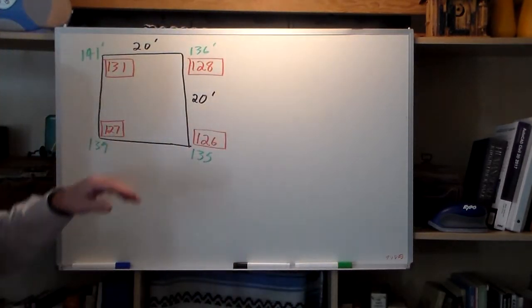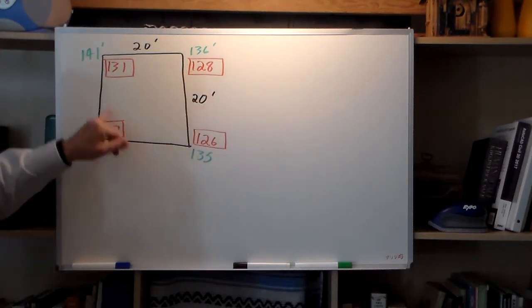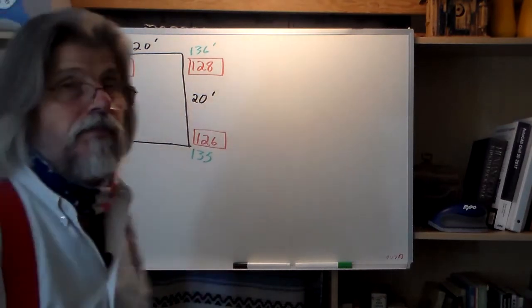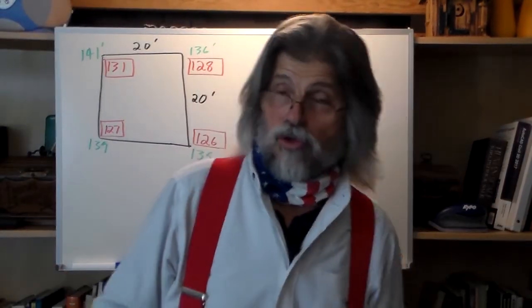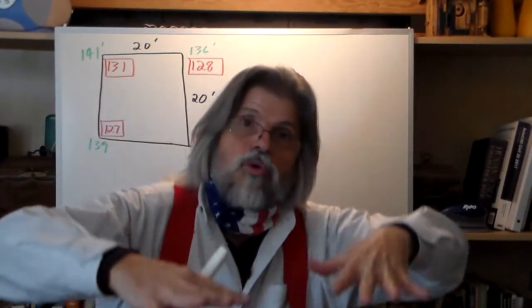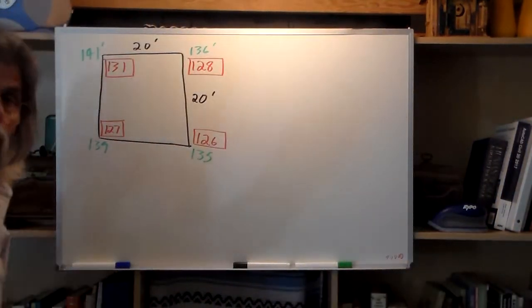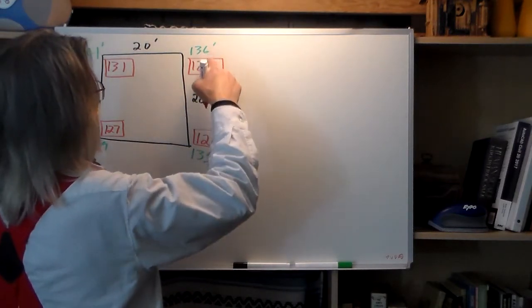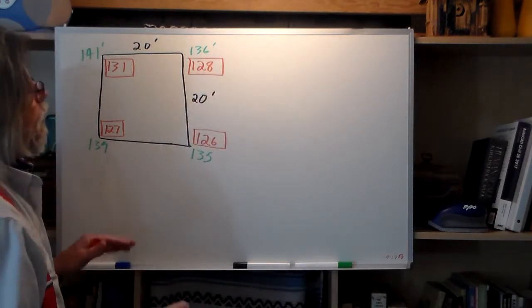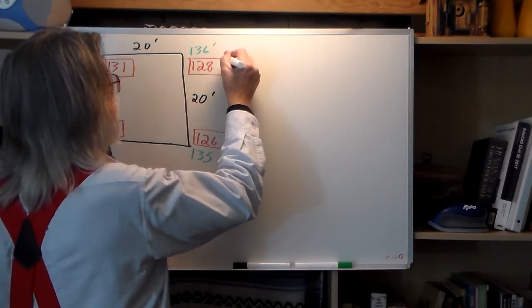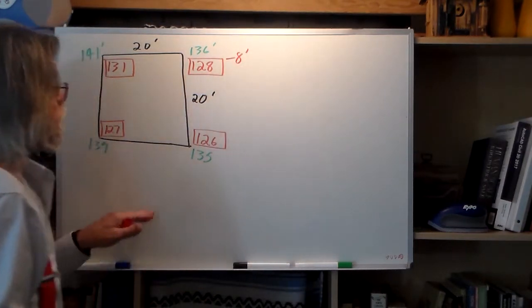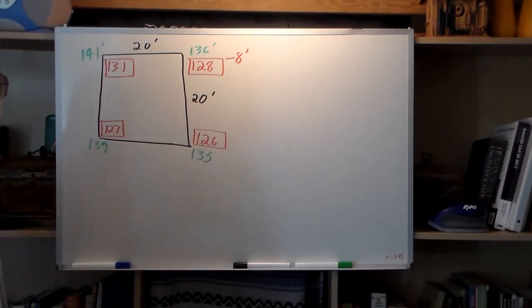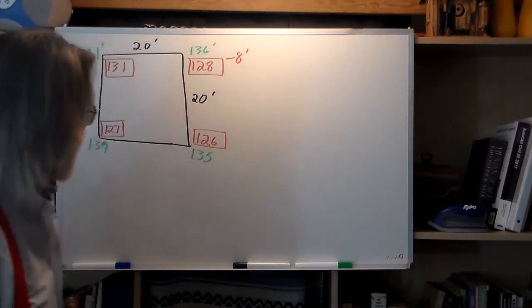So, looking at this, the green is where you started out, the red is where you wound up. All of the red numbers are lower than the green numbers. That means that whole site got lowered. So the question we need to know is how much did it get lowered? Well, from 136 to 128, we went down 8 feet. From 135 to 126, we went down 9 feet.